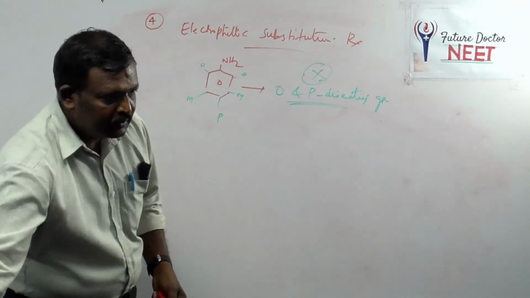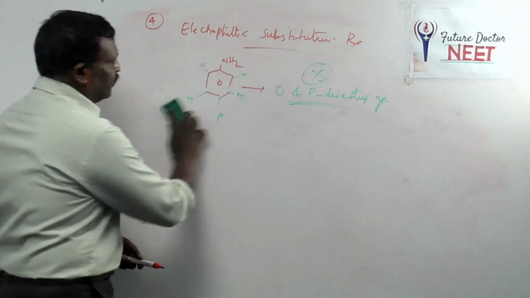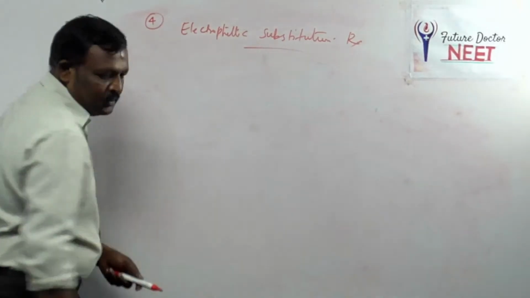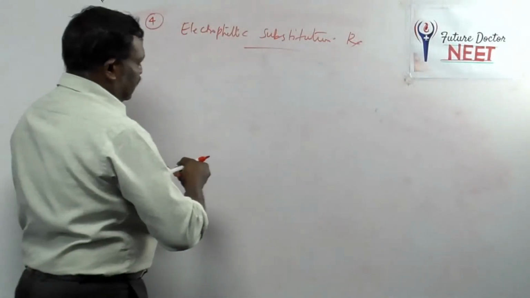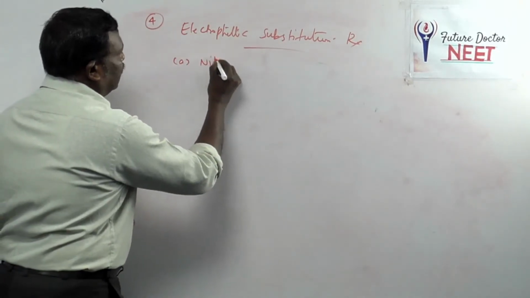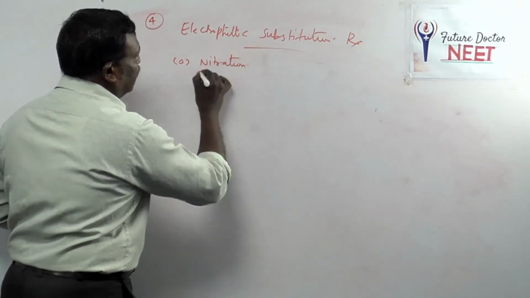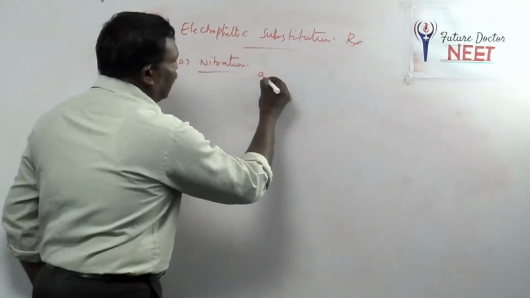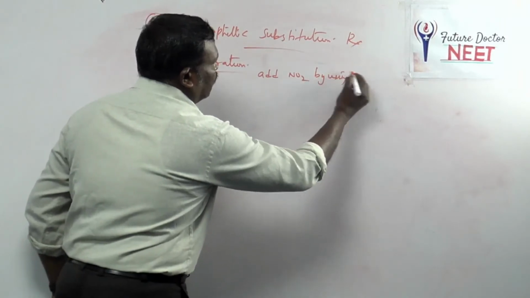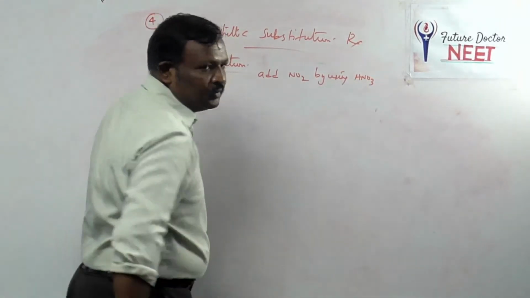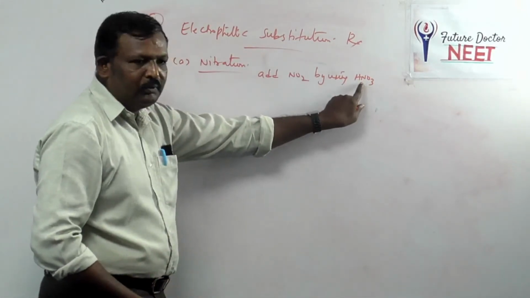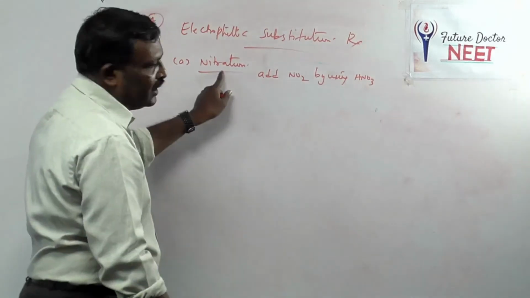Suppose here, first you do nitration. What is nitration? Adding NO2 by using nitric acid. If you want to add an NO2 group, use nitric acid. That's called nitration. Understood?